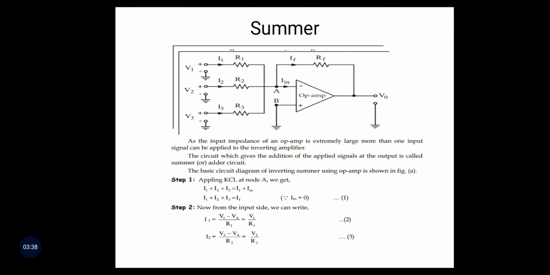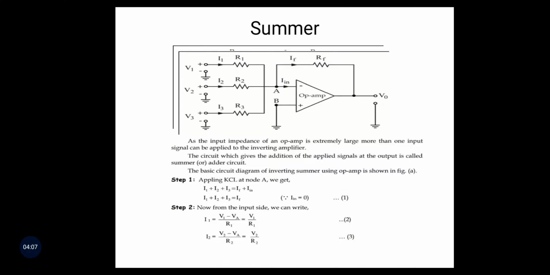Applying KCL at node A, we get I1 plus I2 plus I3 equal to IF plus IN.